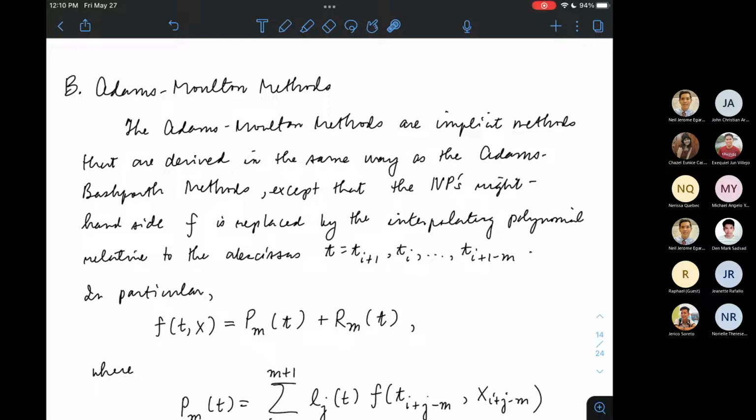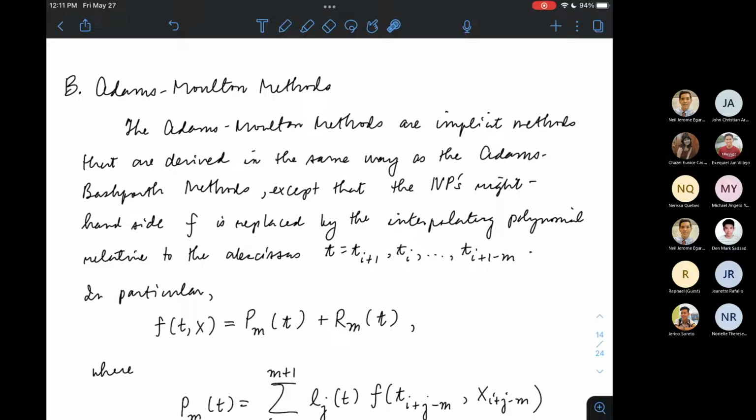So paggamit ng Lagrange interpolating polynomial sa pagso-solve ng mga ordinary differential equations. Kaya naisip ko nung sinusulat ko to kagabi, sige na nga, last topic na tong Adams-Moulton kasi ang ganda. Dito tayo mag-e-end pa rin kay Lagrange, okay?